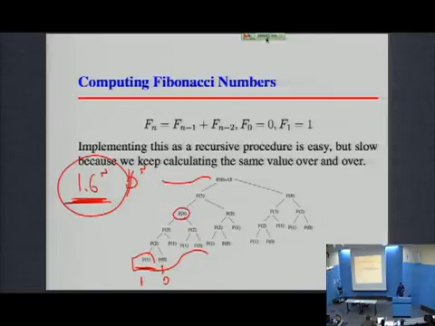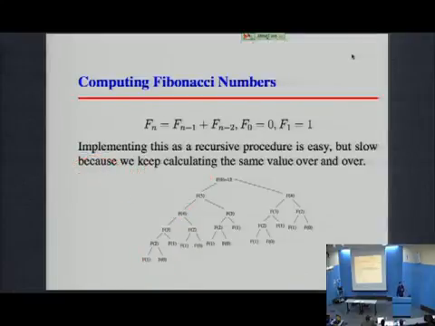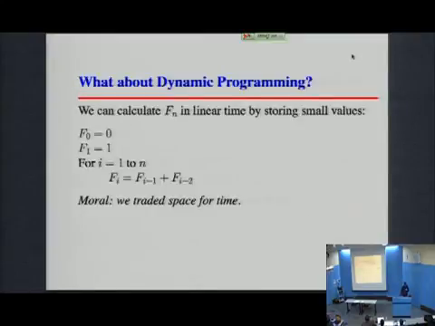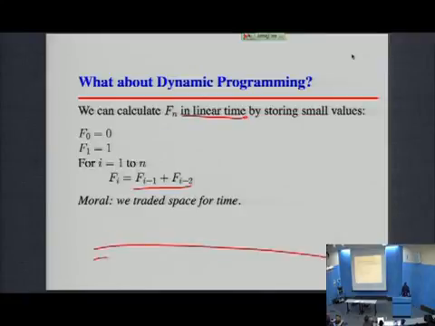But is this the right way to compute the nth Fibonacci number? No, it is not. And the reason is because there is a linear time algorithm for it, based on storing the results. Okay? If we compute the nth Fibonacci number, the nth Fibonacci number will be trivial to compute if we have the n minus first and the n minus second.